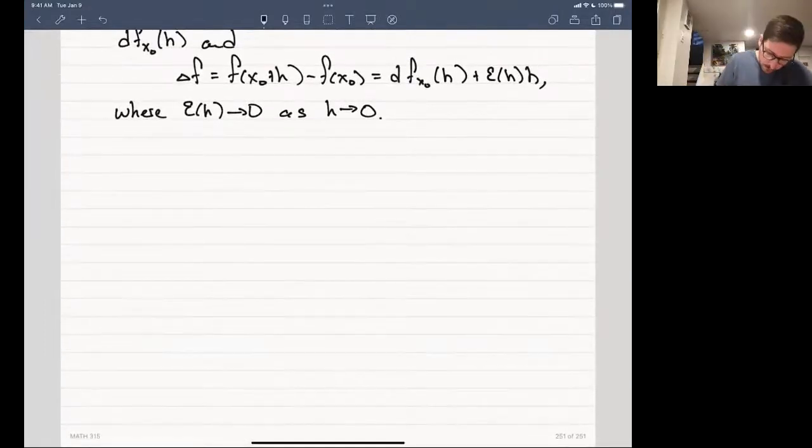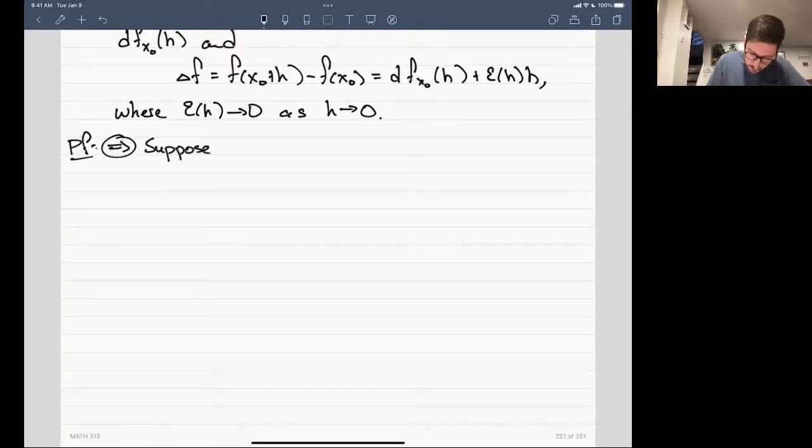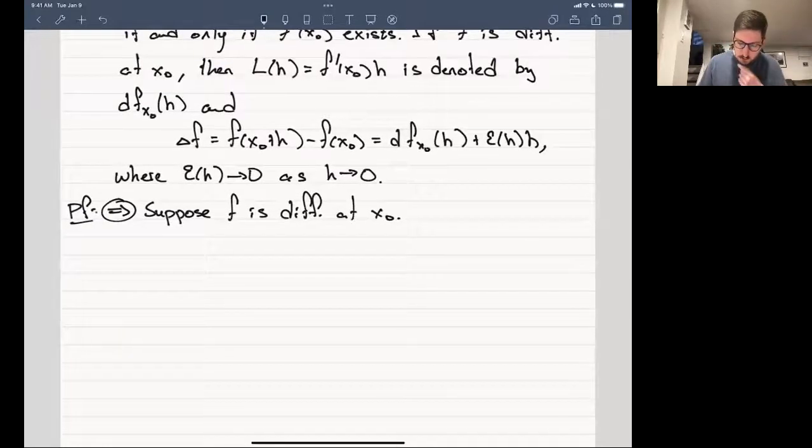Okay, so this is an if and only if proof. That means I'm going in two different directions. So let's go from left to right to start. And we suppose f is differentiable at x0. We want to show that the limit exists, and we want to show that we have this correspondence between the slope and x0 from our differentiable definition.